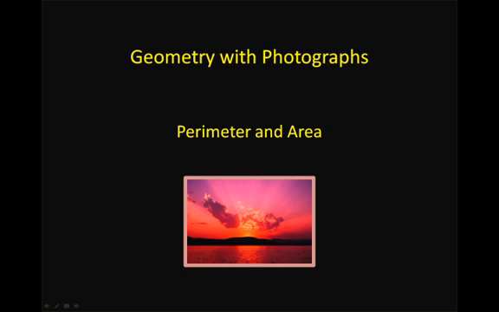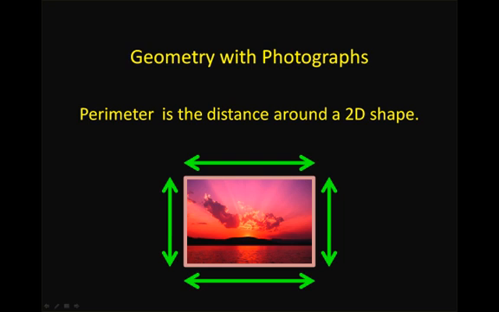Two of the measurements of a rectangle are perimeter and area. The perimeter is the distance around a two-dimensional shape. And we can see here with our green arrows going completely around our rectangle, our photograph, representing the perimeter.